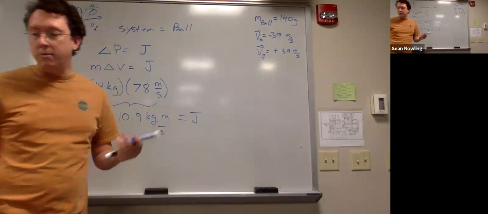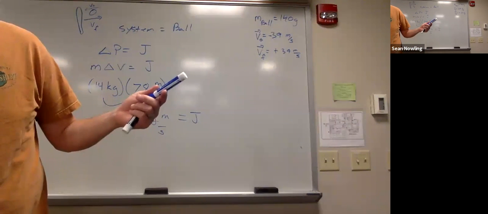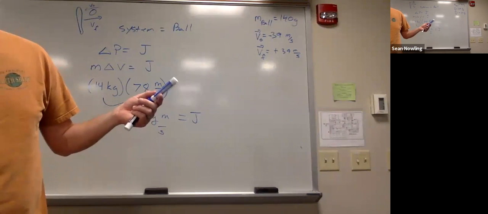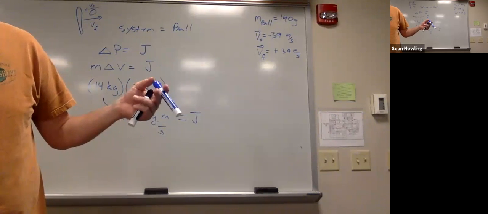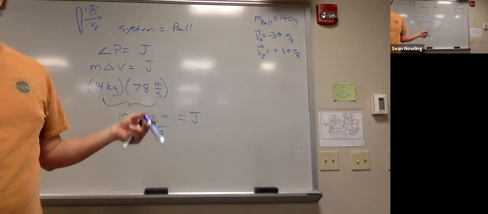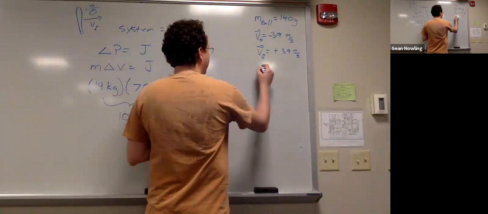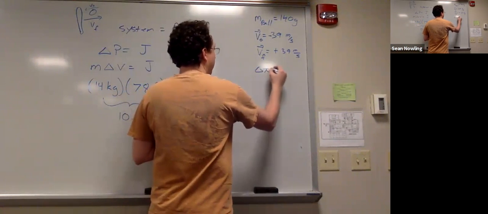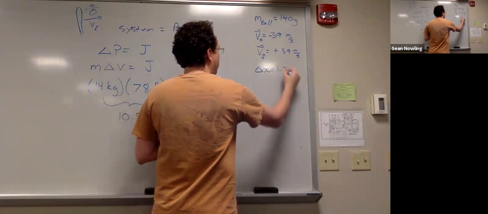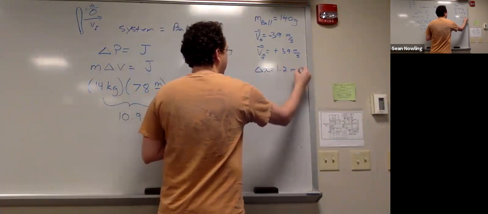So it turns out, according to our infallible textbook here, that the average or typical time for a collision is 1.2 milliseconds. So I'm going to write that down over here. Delta T for the collision is 1.2 milliseconds.